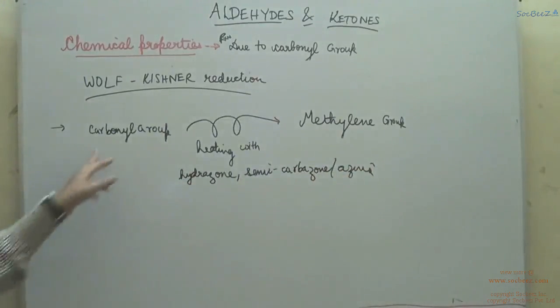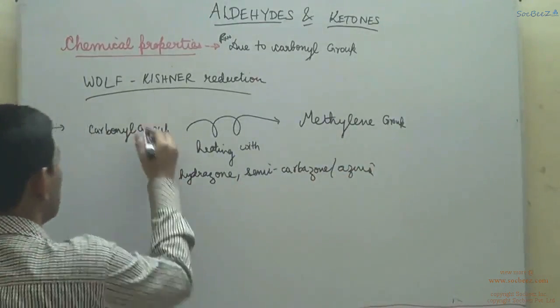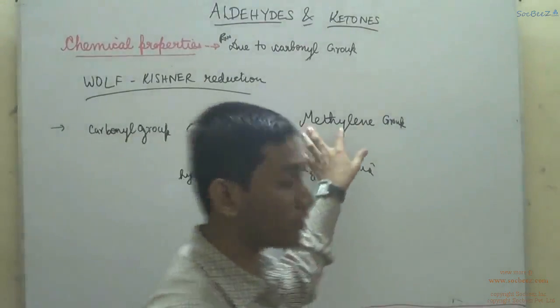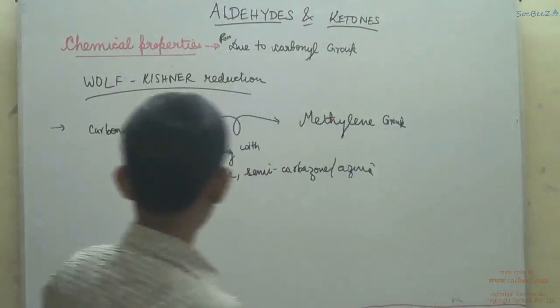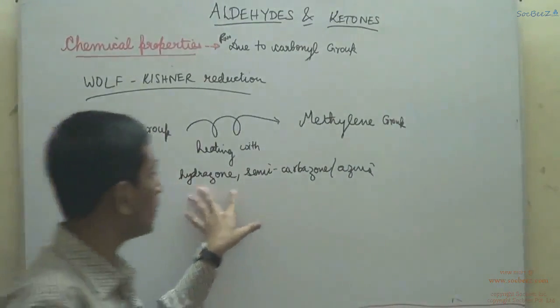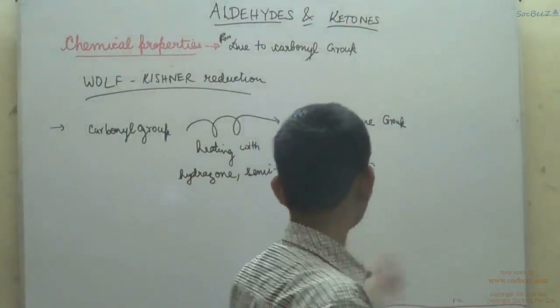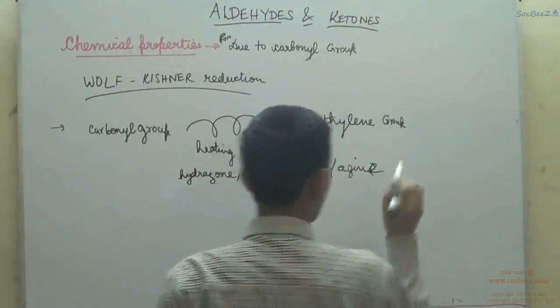So basically a carbonyl group is converted into a methylene group by heating with hydrazone, semicarbazone or azine.